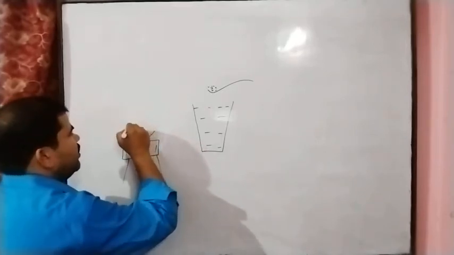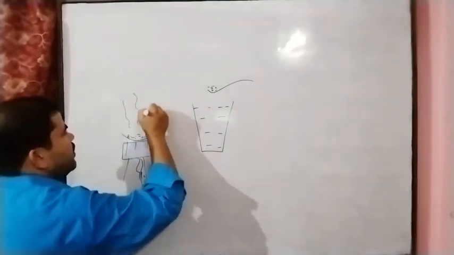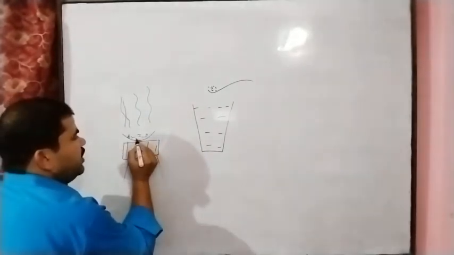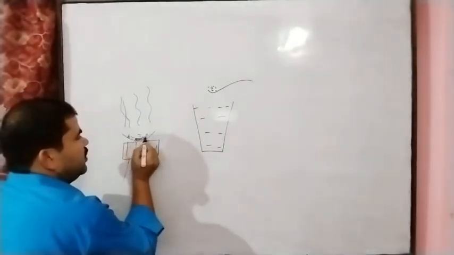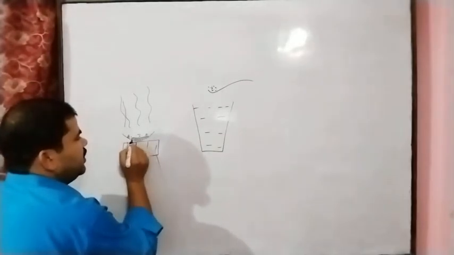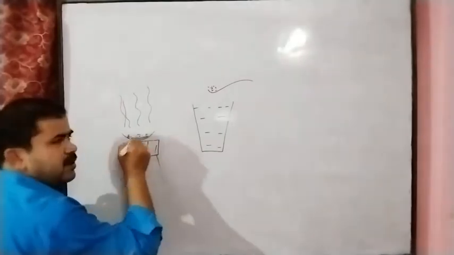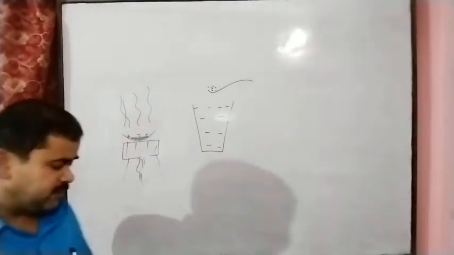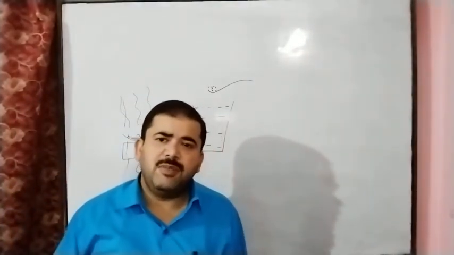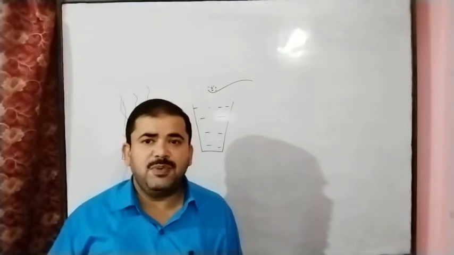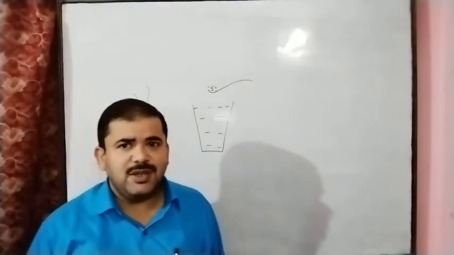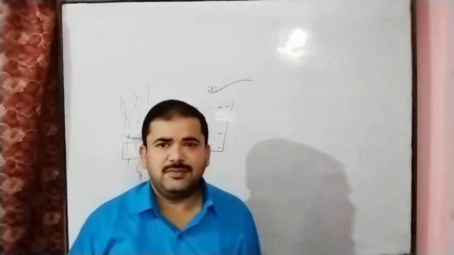In this way the water molecules evaporate, and in the end the sugar particles, solid material, are deposited at the bottom, means sugar particles are left in the evaporating dish. In this way we can separate the constituents of the mixture by simple physical means.